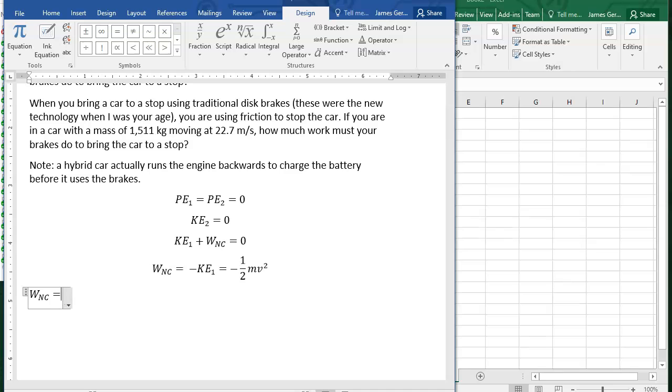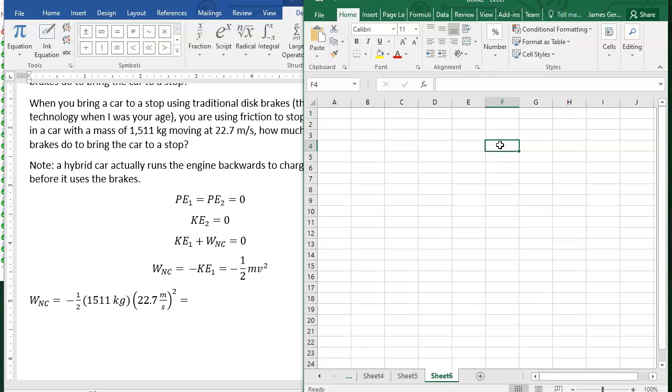Now we can stick this all together. 1/2, the mass, 1511 kilograms, the velocity, 22.7 meters per second, squared. Let's calculate that. We have a mass of 1511, we have a velocity of 22.7.